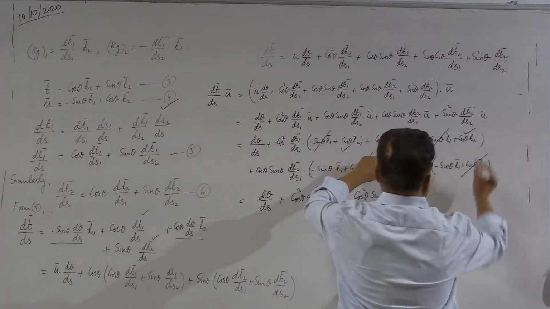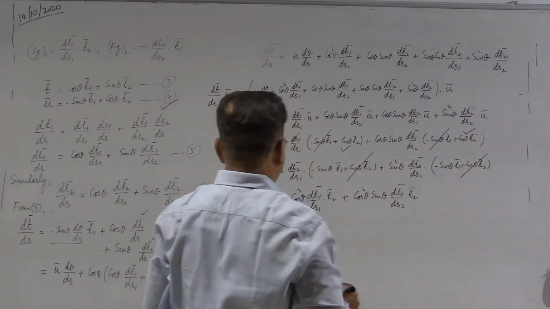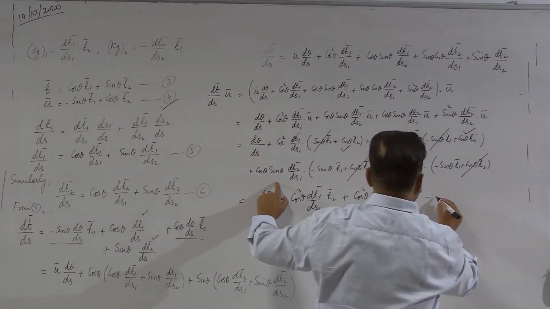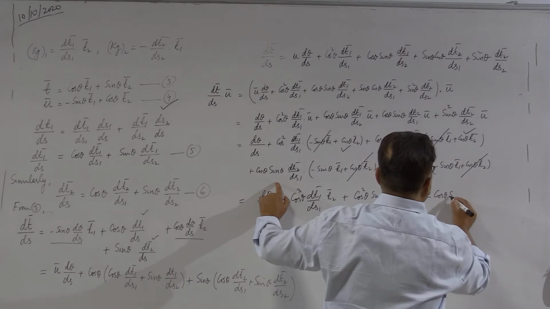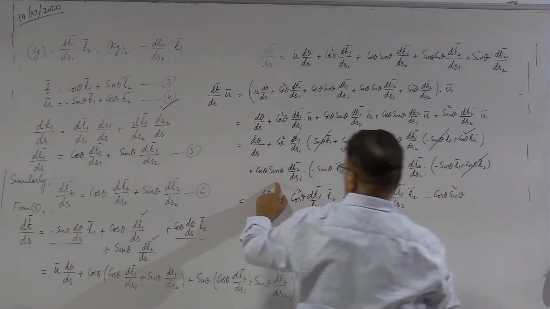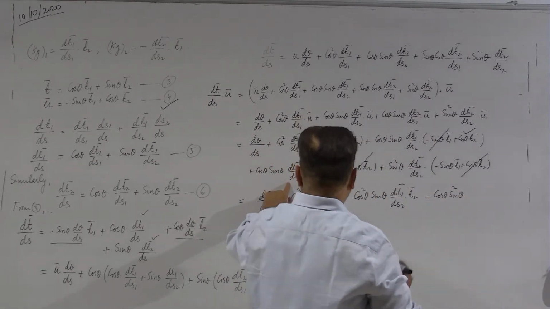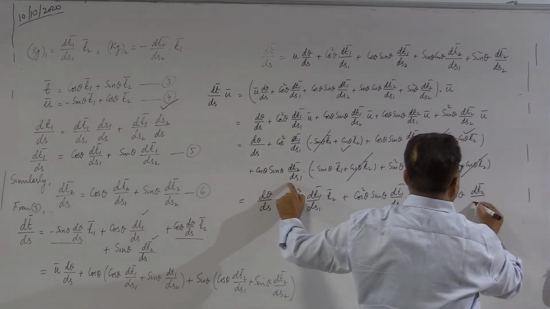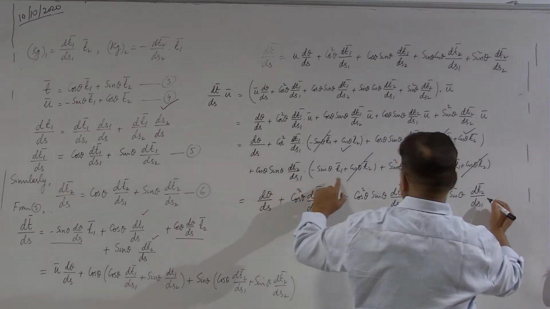So, this is also considered. Now, come over here, then you have a minus sign, cos theta into sin square theta dt2 upon ds1 dot t1.